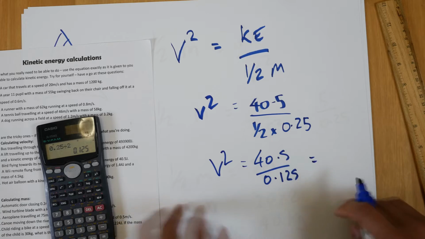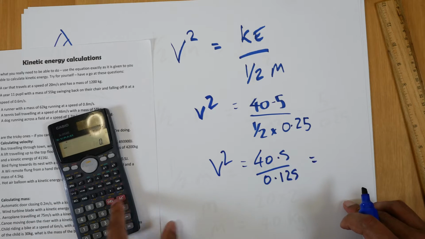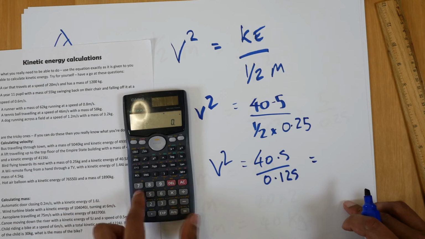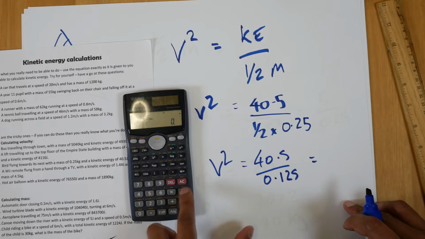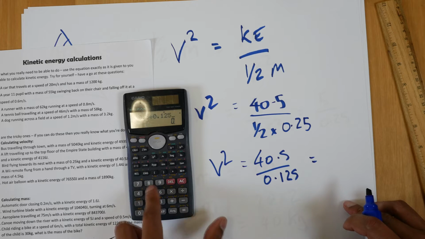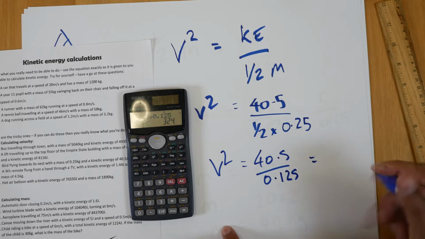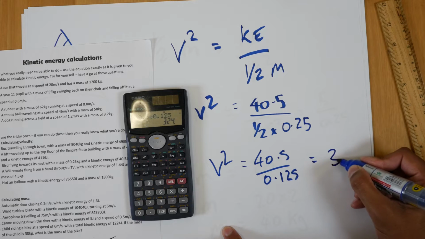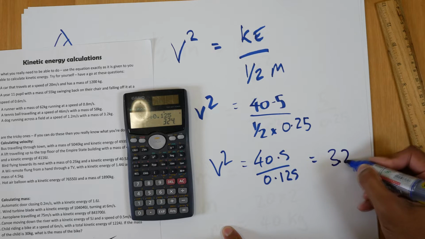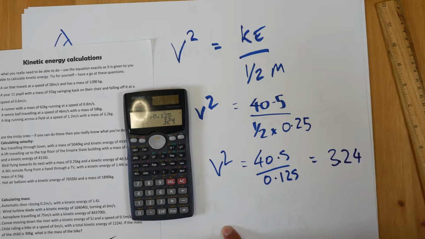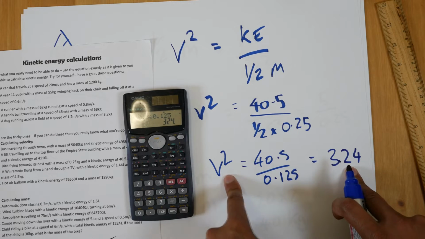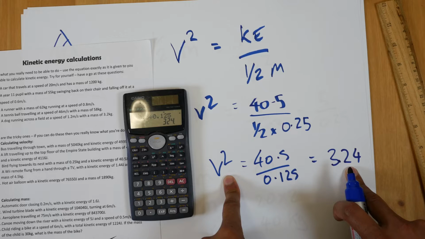And let's work out what this is using my calculator. 40.5 divided by 0.125, which equals 324. Oh, there we are, 324. Now, bear in mind this is v squared. I don't want v squared, I want v.